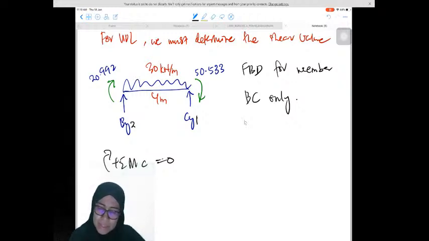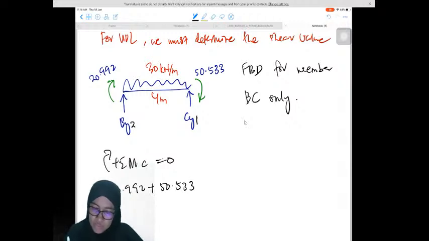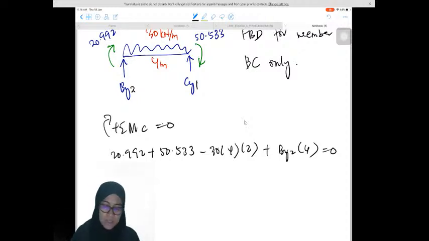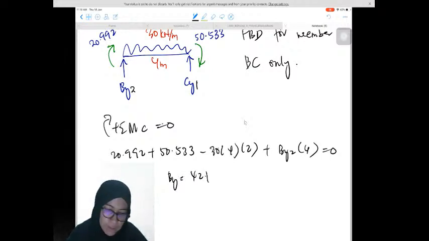So 20.992 plus 50.533 towards C is negative, minus 30 times 4 times 2, plus BY2 times 4 equals 0. Solving, BY2 is 20.992 plus 50.533 minus 30 times 4 times 2, divided by 4, we get 42.12.